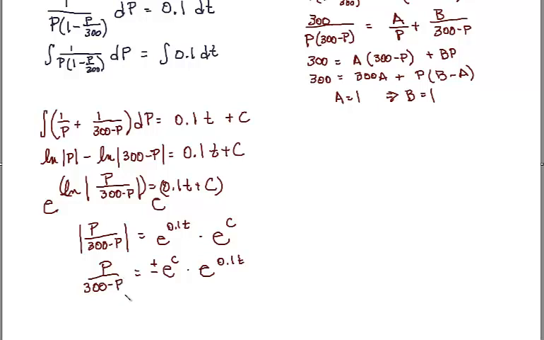And now I need to look at this positive or negative e to the c, whatever it is, but let's just rewrite this because this is just some constant, so let's just write it as c. So we'll write it like this, and then I am going to use my initial condition, which was way back up there at the top where the population was 50 at time 0, to see what this constant is. So I'll get that done for you.